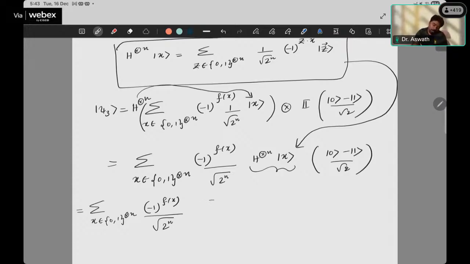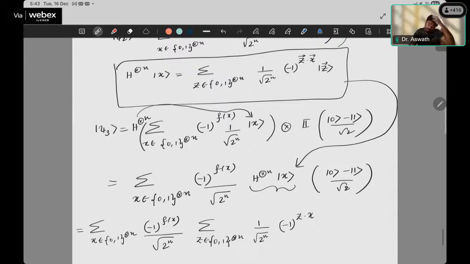Now I'll bring the other summation from the above equation: z belongs to 0,1 tensor n, 1 by square root of 2 to the power of n, minus 1 to the power of z into x. I'll not write the dot above; you can think of it as a bitwise multiplication.